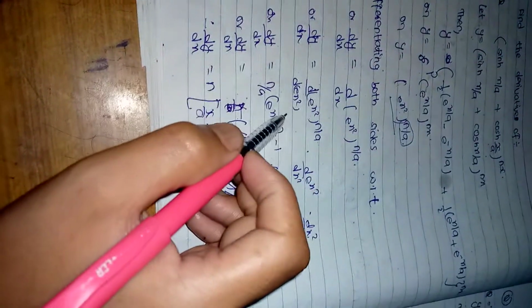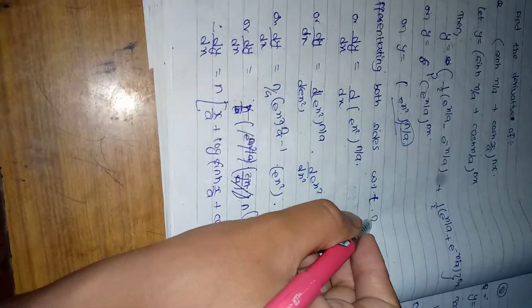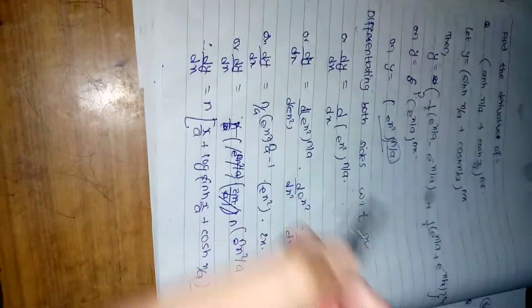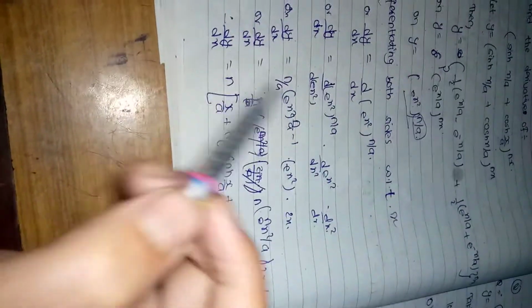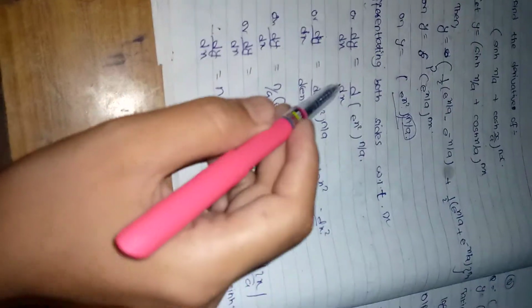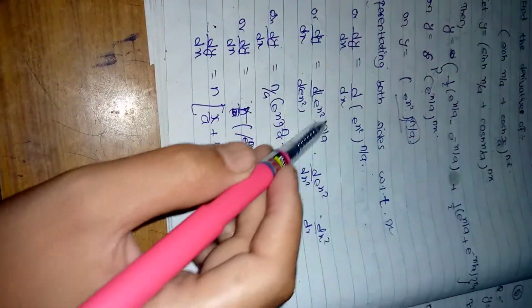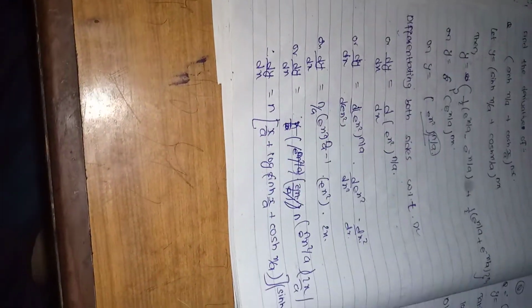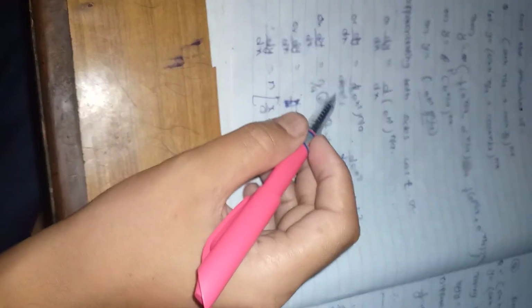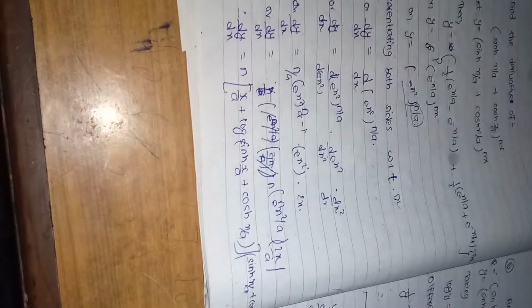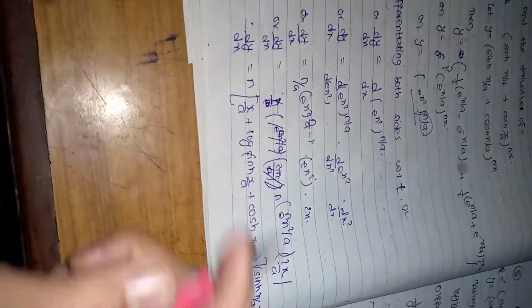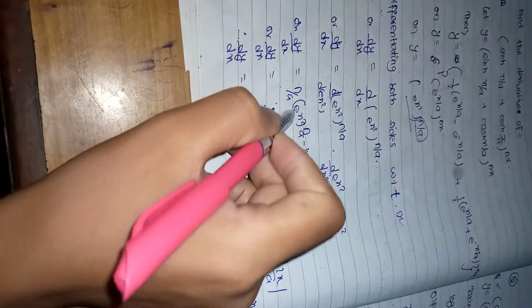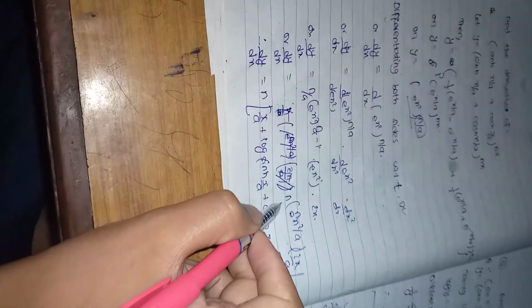And after using power rule, differentiating both sides with respect to x, we get dy by dx is equal to dy by dx of e to the power x squared to the whole power n by a. Now we can use power rule and chain rule simultaneously, and we get the answer in this manner.